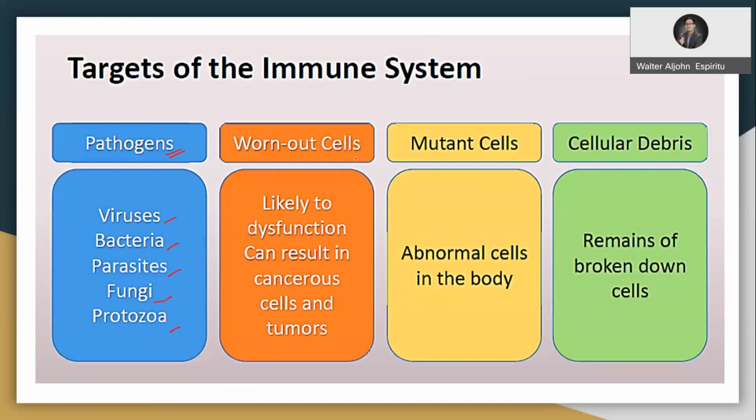These are your own cells. And if the body is unable to remove these worn out cells, they can result in certain dysfunctions, such as the formation or triggers of cancers and tumors. Next are the mutant cells.